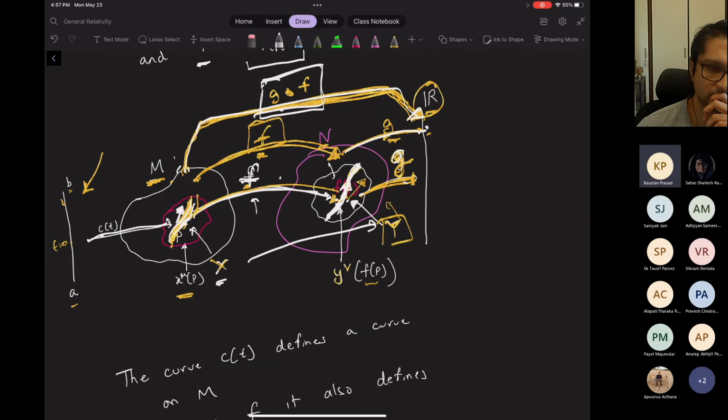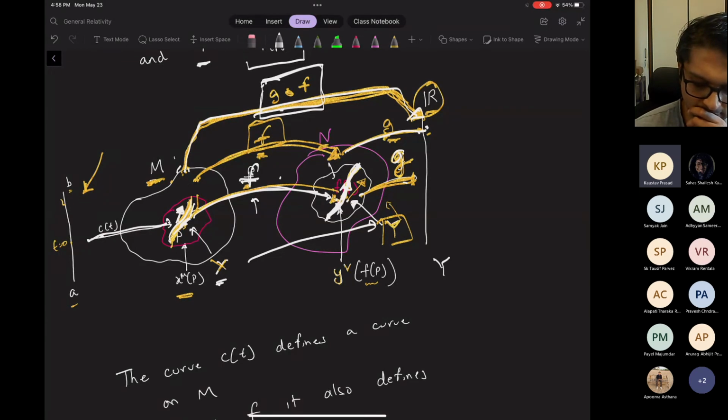Sir, just to confirm that I understood the argument correctly. The first step is we define the tangent vector on M using G∘F. And then we have the mapping using f from M to N, and then we have f_p, and that operating on the function g will give us y^μ.